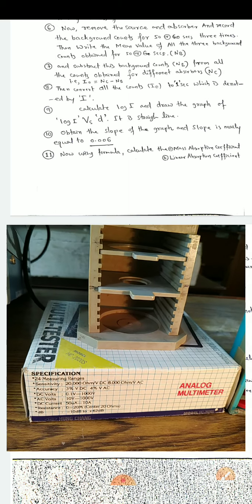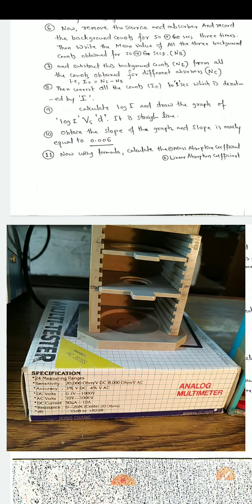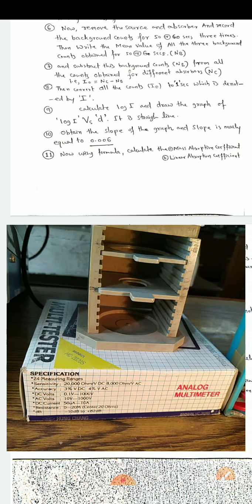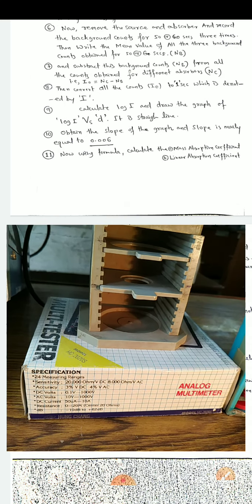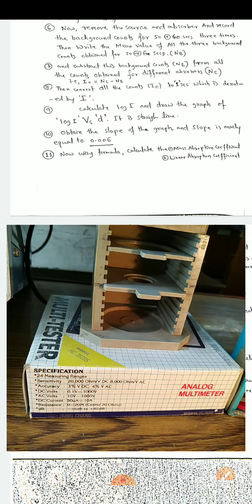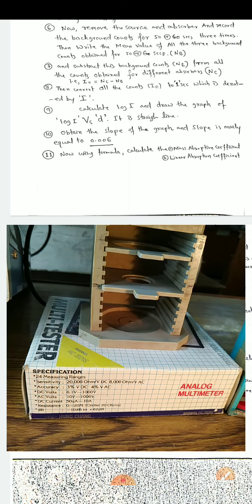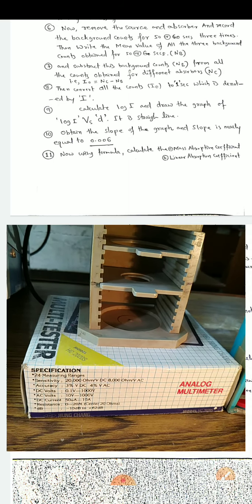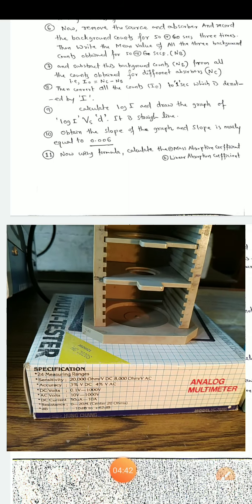To nullify or subtract these, we record the background counts without keeping the source. Then we get the corrected counts. The background counts are generally very few in number because the energy of background radiation is very low.